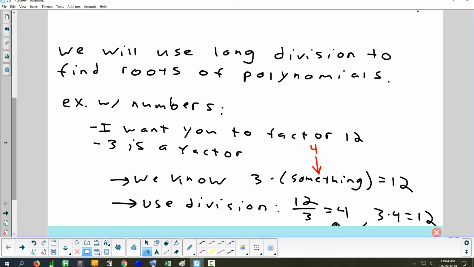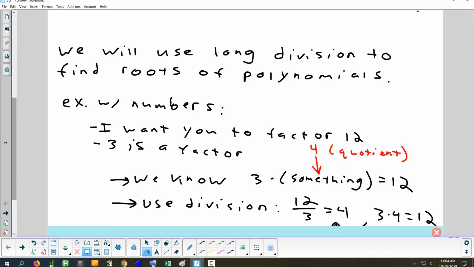What do you call the answer when you divide two things? Begins with a Q. It's the... Zach? Yep, the quotient. So if you're trying to factor something, and you know that something is a factor, and you want the other factor, it's the quotient.